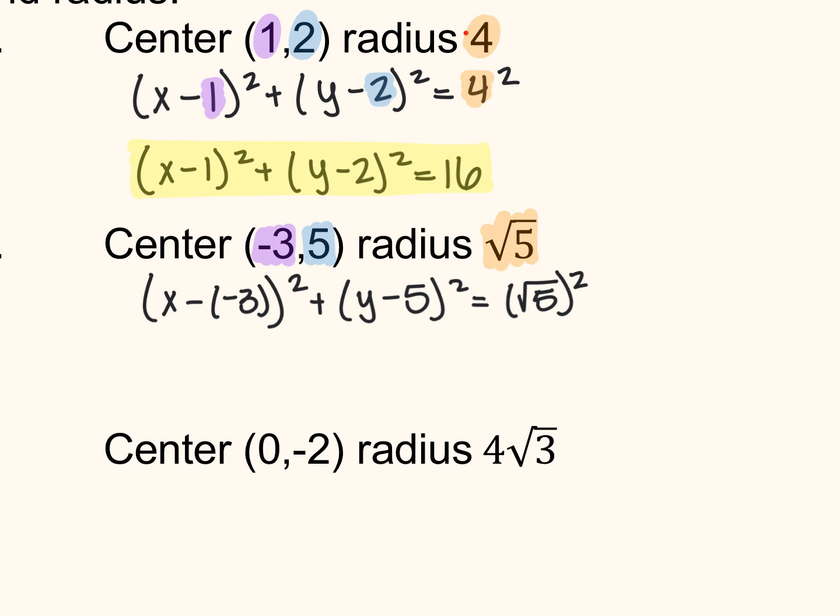Again, just highlighting, I wrote it exactly how it was given to me. So, writing out my answer, I'm going to have x plus 3, because I have a subtraction and a negative, squared plus y minus 5 squared equals the square root of 5 squared, which is just going to be 5. And this is how it should be written in standard form.